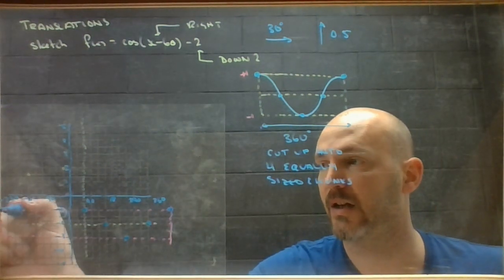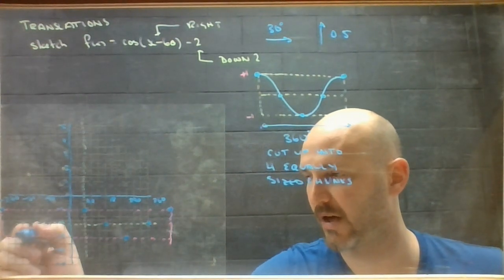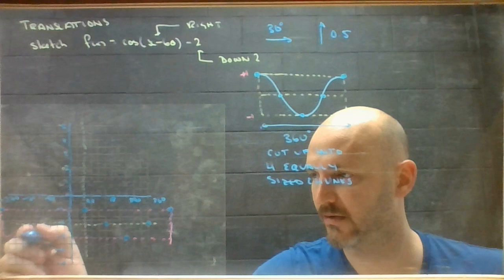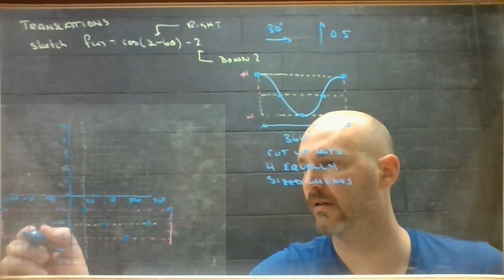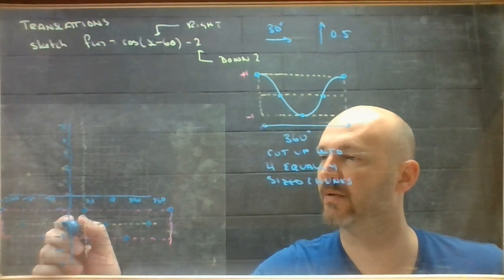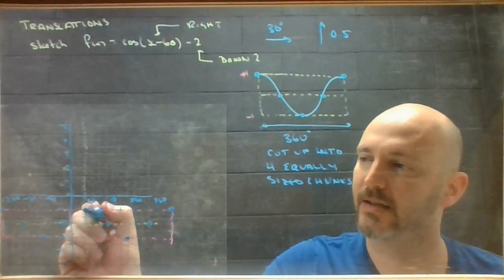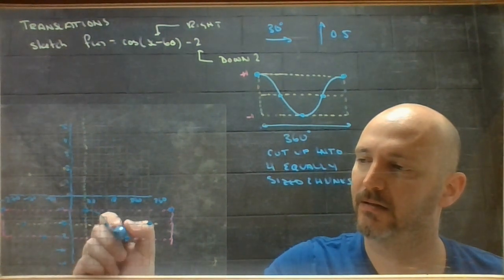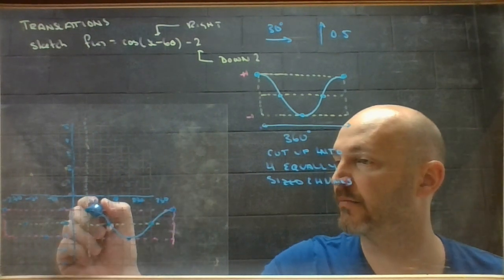I have to start high, I have to end high, I have to hit the bottom dead center. Hit the midline halfway between those, hit it halfway between these. And I've got enough dots there that I can sketch in my cosine pattern.